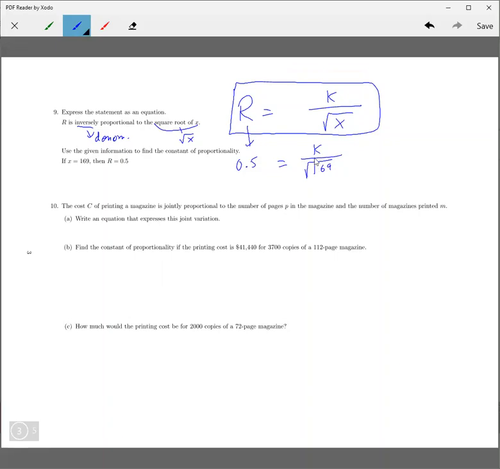Then just solve for k. So 0.5 is actually 1/2, and the square root of 169 is 13. Multiply both sides by 13, and k is 13 over 2.